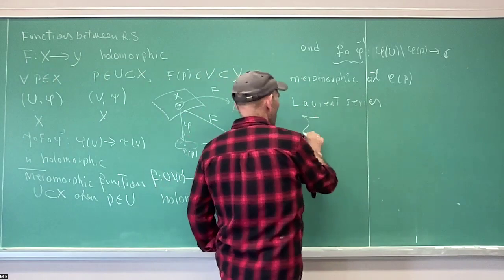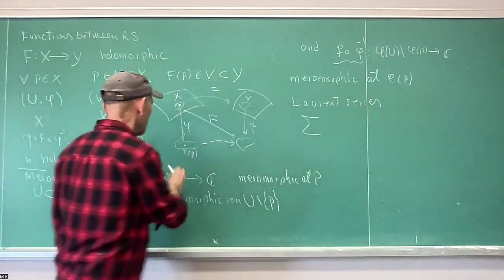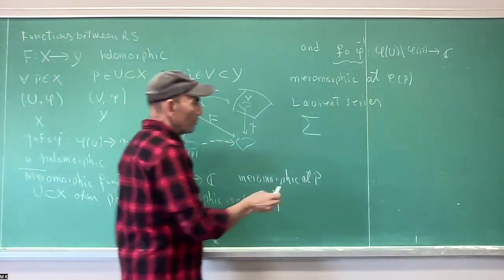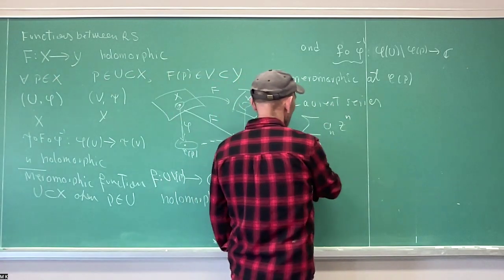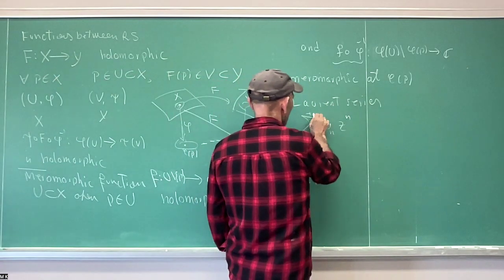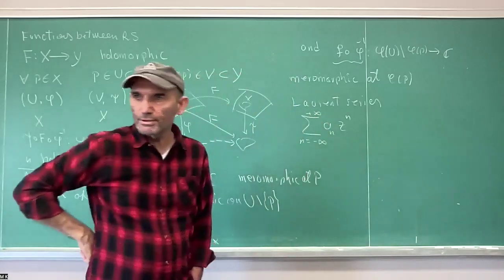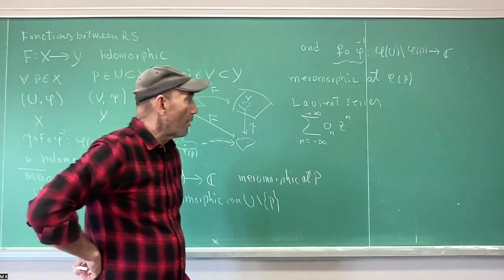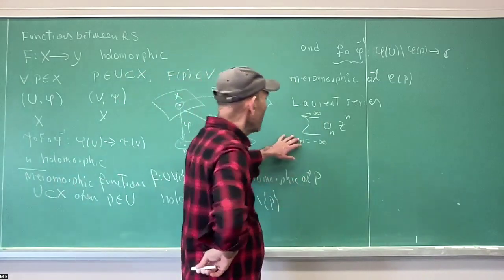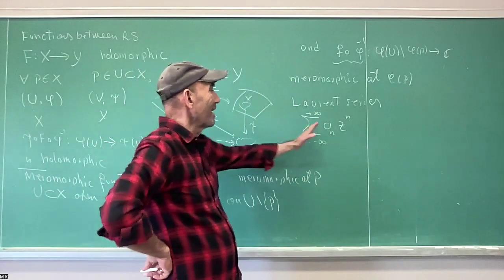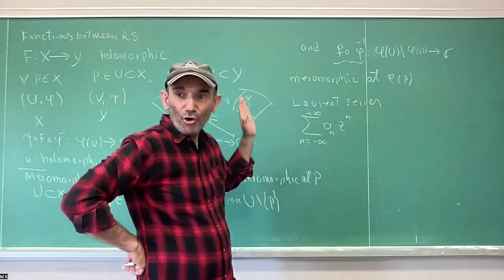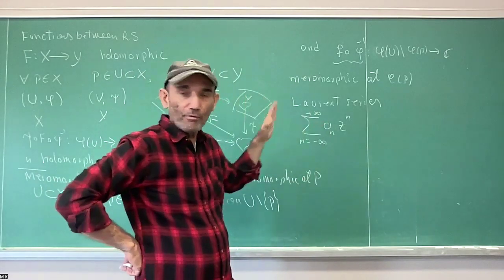Any function which is holomorphic in some punctured disk, you can always write as the sum of a_n z^n. But what defines meromorphicity for us is that these negative coefficients are all zero except for a finite number of them.